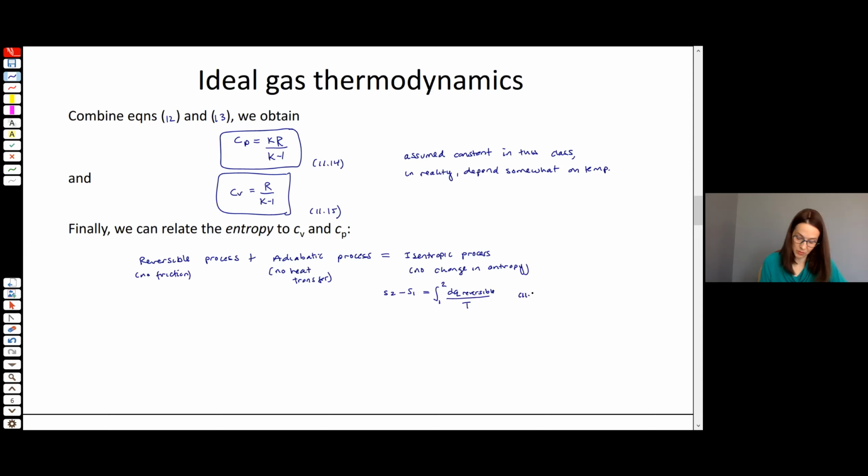It's equation 11.16. The derivation of the next two equations I'm going to write down is outside the scope of this class, but I did want you to have the fundamental definition of entropy in mind. This is a mechanical definition of entropy.